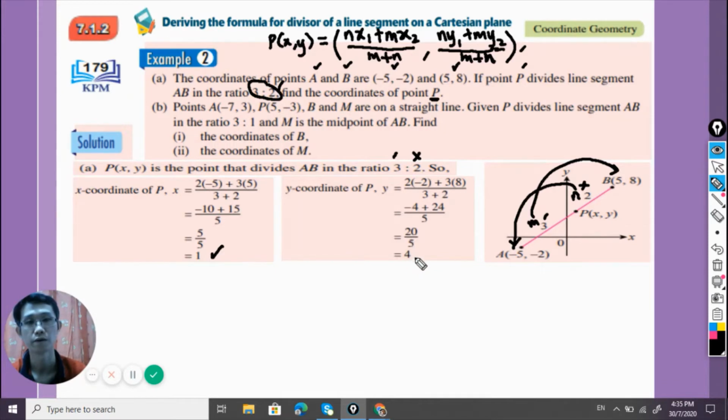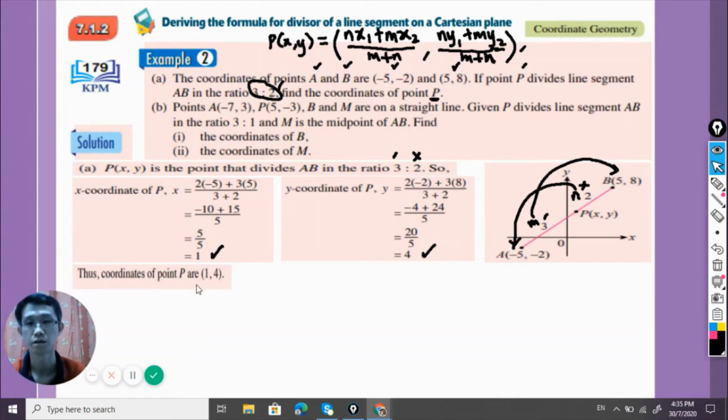So 20 over 5 will give you a y coordinate of P equal to 4. Then you can write down the coordinates of point P, which is (1, 4). Okay, you get the answer for the coordinates of P. So that's it for question 2a.